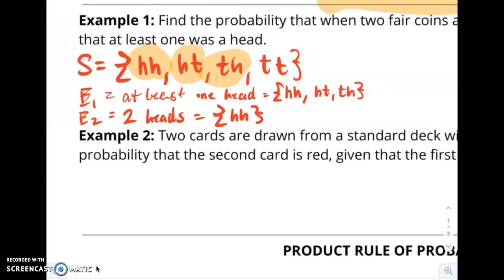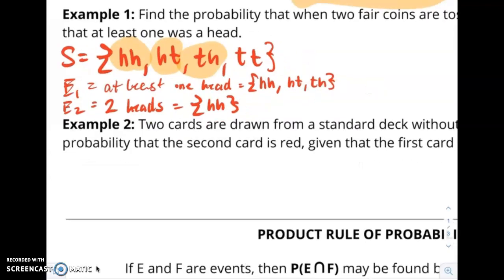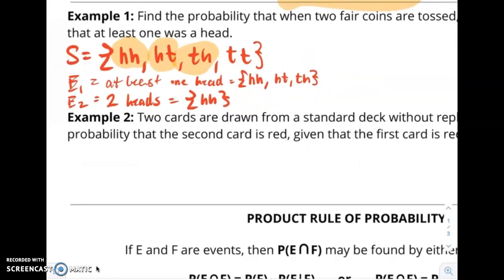Since there are 4 equally likely outcomes in the sample space, in the event space, the probability of event 1 is 3 out of 4. There are 3 out of the original 4 outcomes.